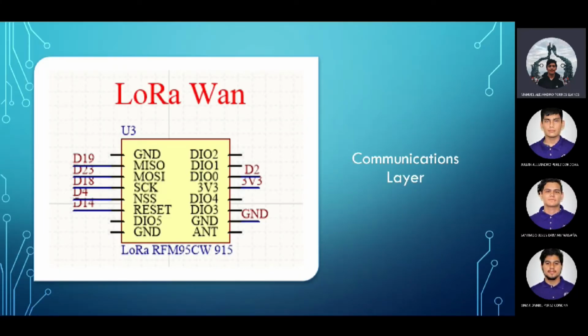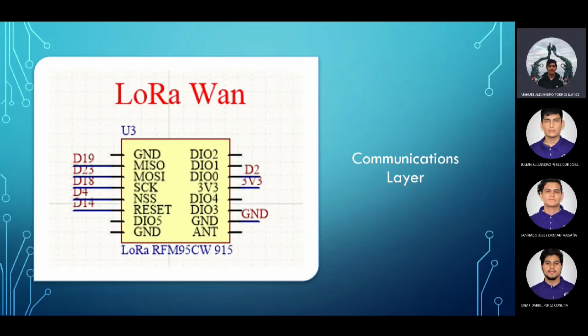In this specific system, we are using a LoRa RF M95CW 915 MHz. It uses an LCC package, and this IC is connected to our ESP32 by the use of multiple digital inputs and outputs.